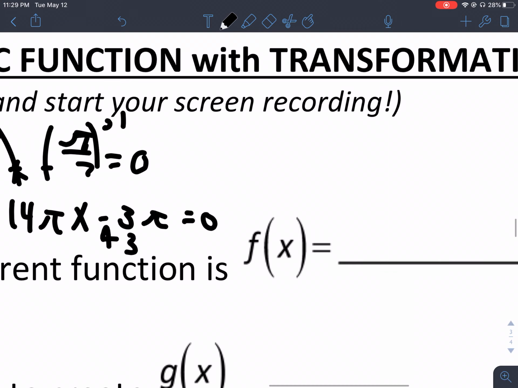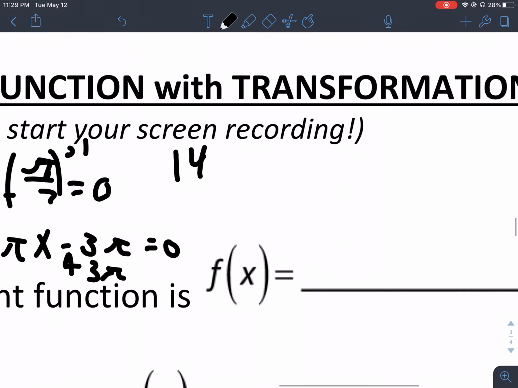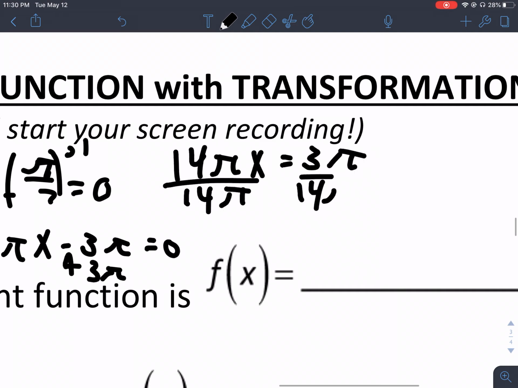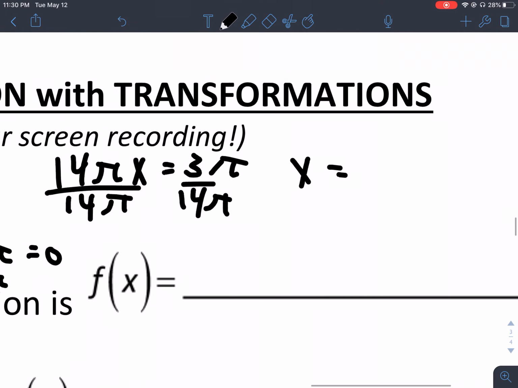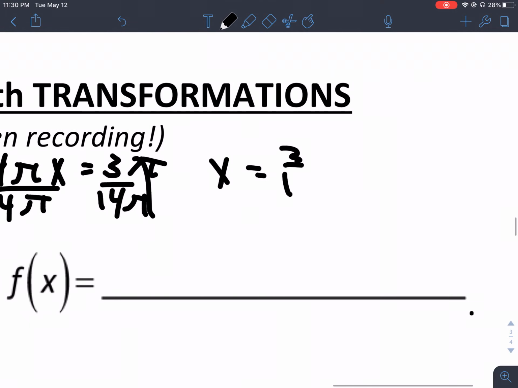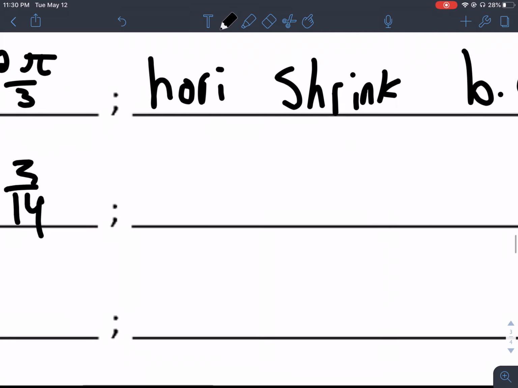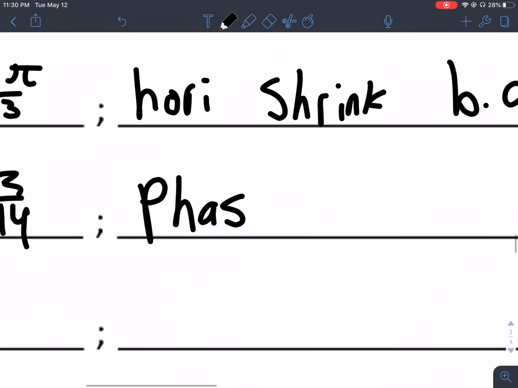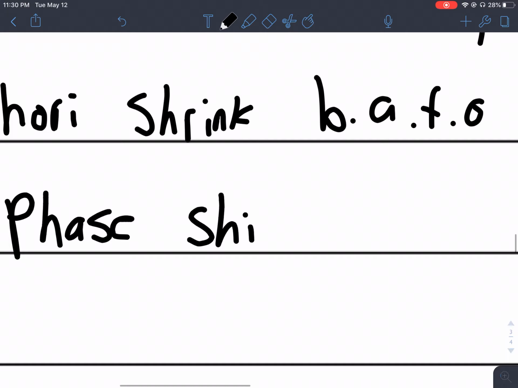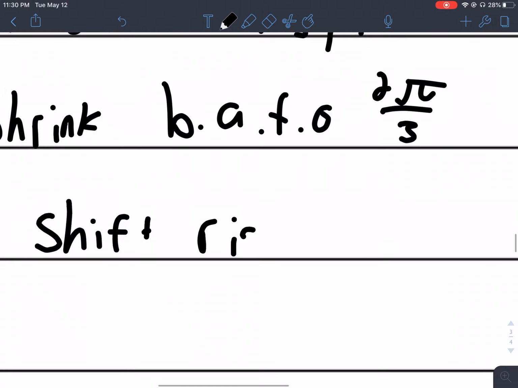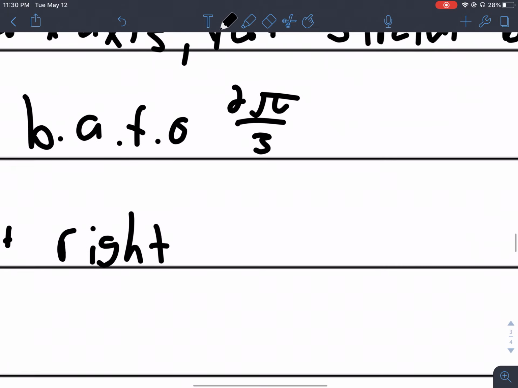So we add 3 pi to both sides. 14 pi x equals 3 pi, divided by 14 pi. So pi cancels out, x equals 3 over 14. So h is 3 over 14, and that is a phase shift. This is a positive number, so it goes to the right. Phase shift to the right by 3 over 14.